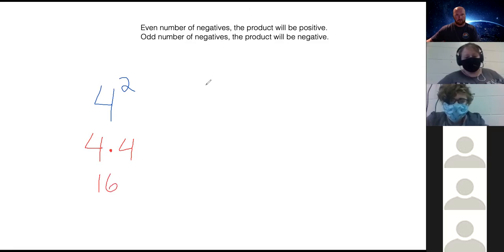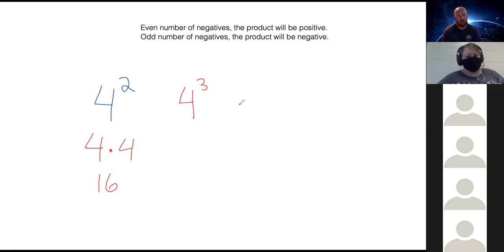Boom. All right. What if I did this? 4, boom. How do I say this one? 4 to the third power. 4 to the third power, or there's another way. 4 to the second power is 4 squared.